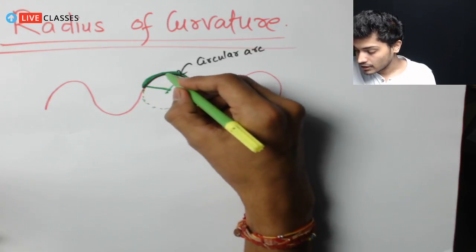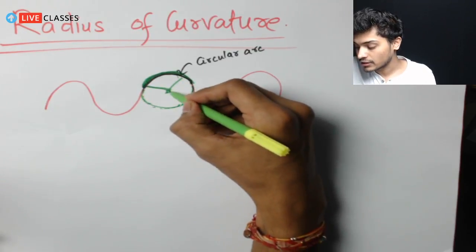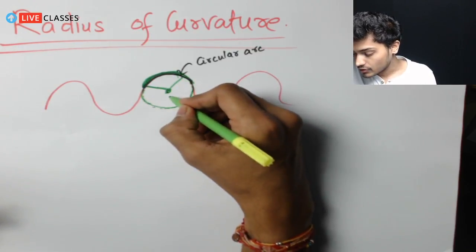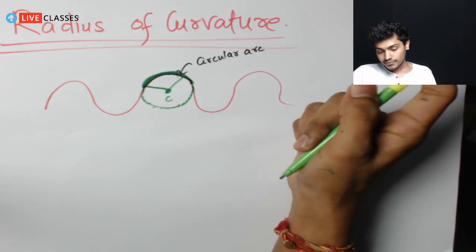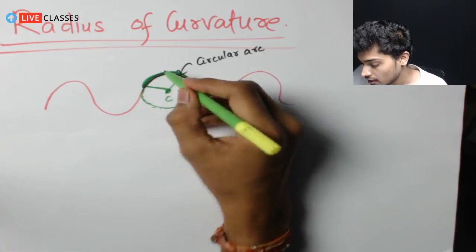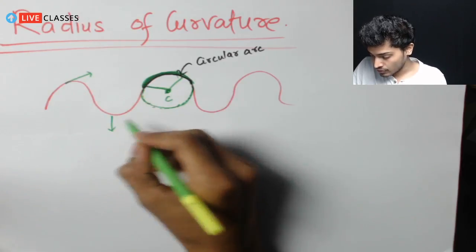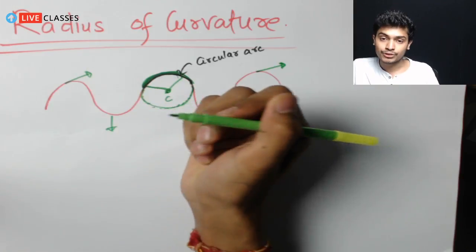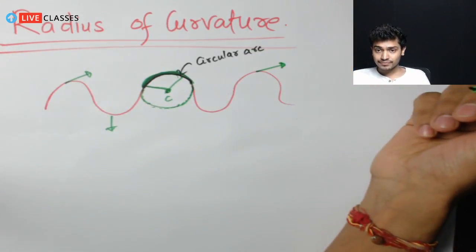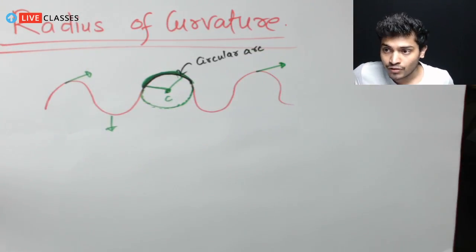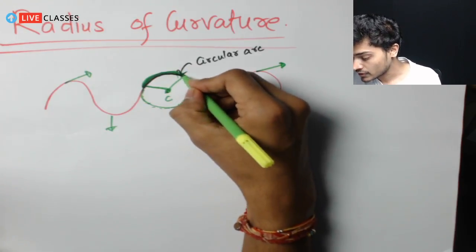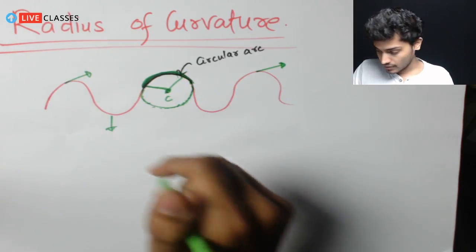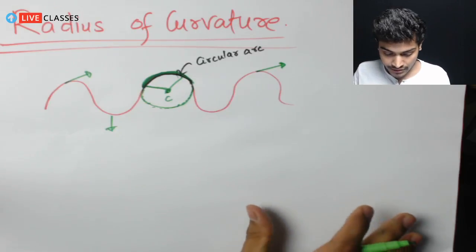The radius of this circle will be the radius of curvature, and this center will be our center of curvature, right? If these are the segments of circular arcs, then we can also apply the concepts of circular motion here. So let's try to solve some problems based on this, then you will more easily get the concept of radius of curvature.